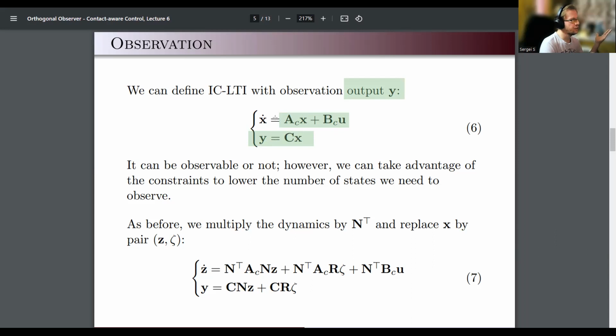That wouldn't change anything because observation is not affected by it in any case, right? So the presence of explicit or implicit constraints in the dynamics does not affect observation. So they are quite separate. This is important because it creates a difference between control design and observation design, okay?